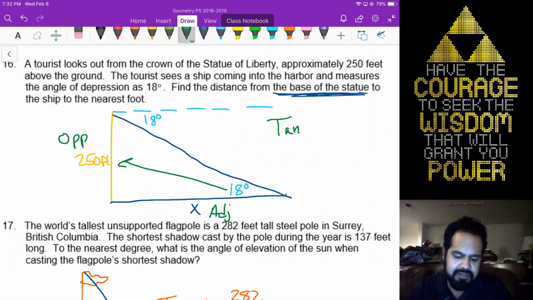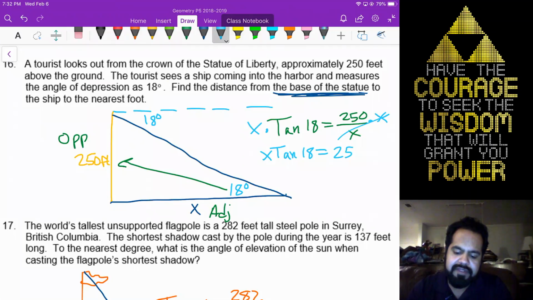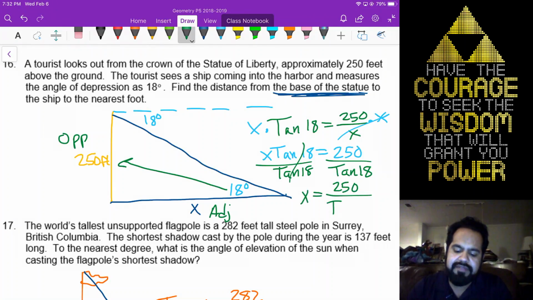So tangent of 18 equals 250 over x, times x. X tangent of 18 equals 250. Divide out tangent of 18. So then x equals 250 over tangent of 18. And then you're going to type that into your calculator.